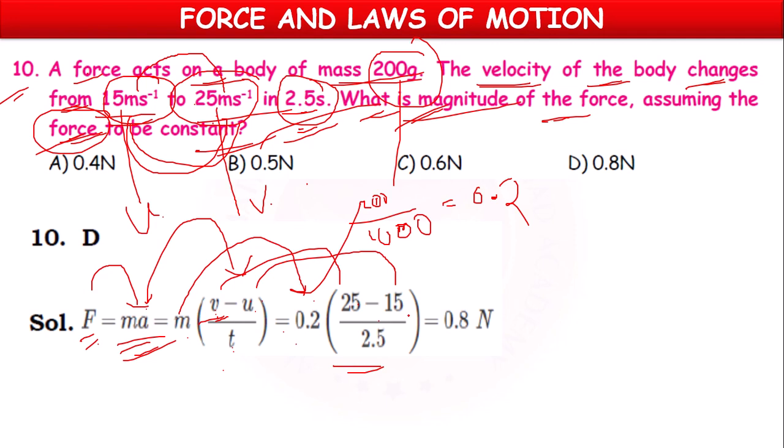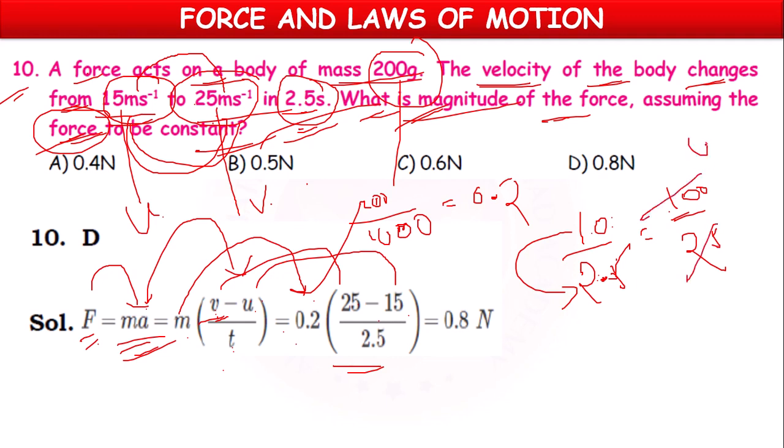So 25 minus 15 equals 10, 10 by 2.5. We can remove the point by multiplying both numerator and denominator by 10: 10 into 10 is 100, 2.5 into 10 is 25, and 100 by 25 is 4.